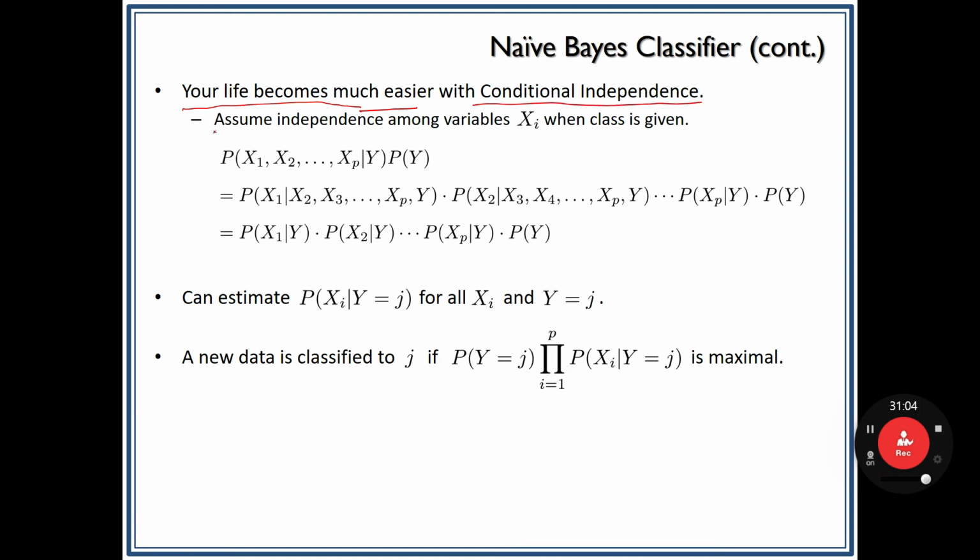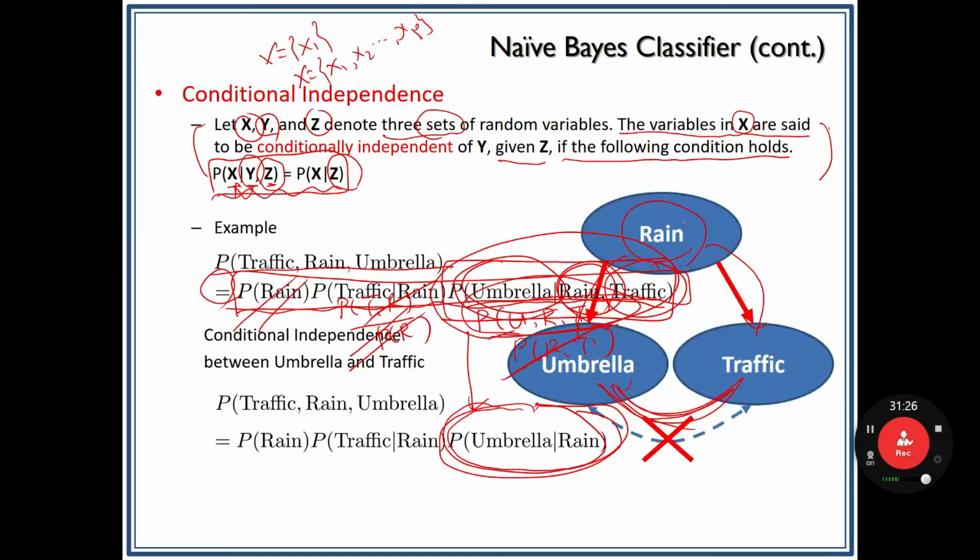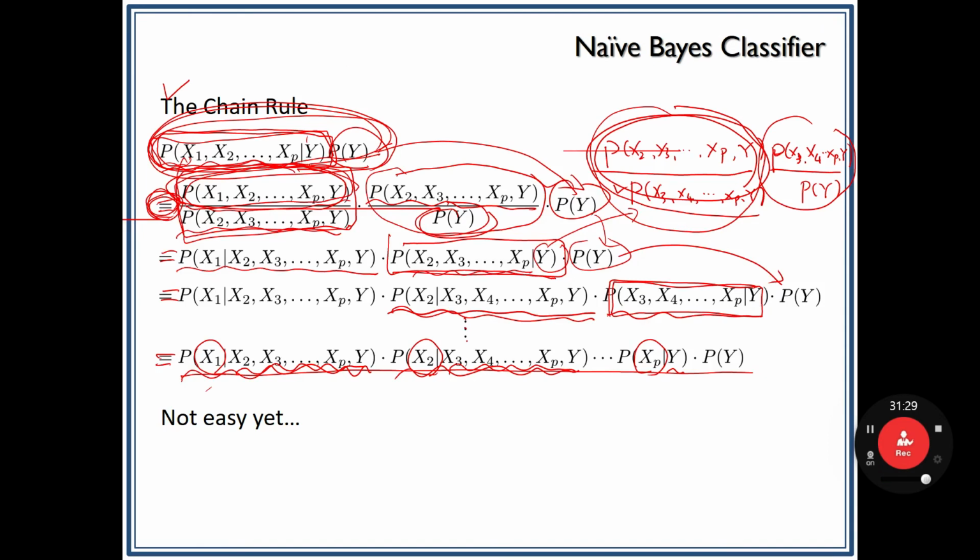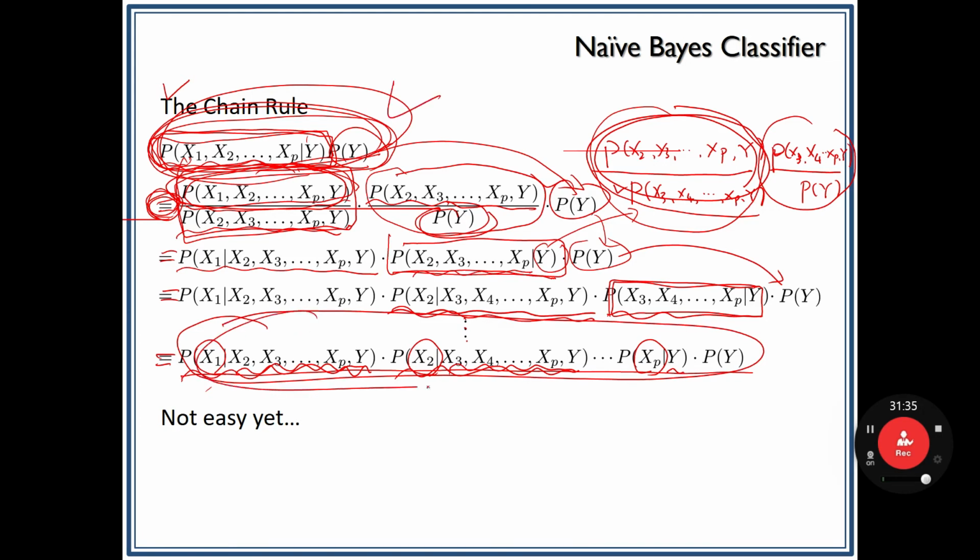So assume that the predictor variables xi's are independent when a class value is given. Actually the first line and second line came from this slide. This one and this one. We saw that this one is equal to this thing.